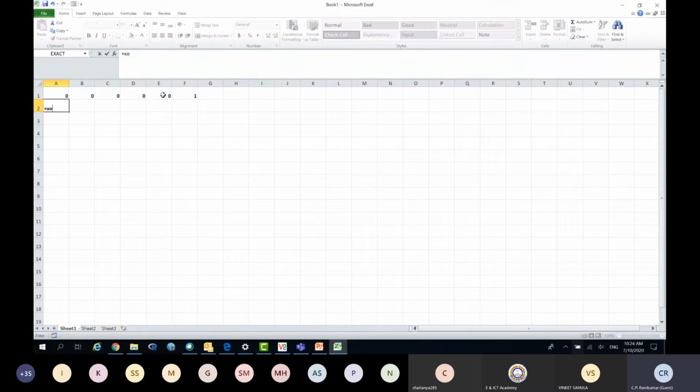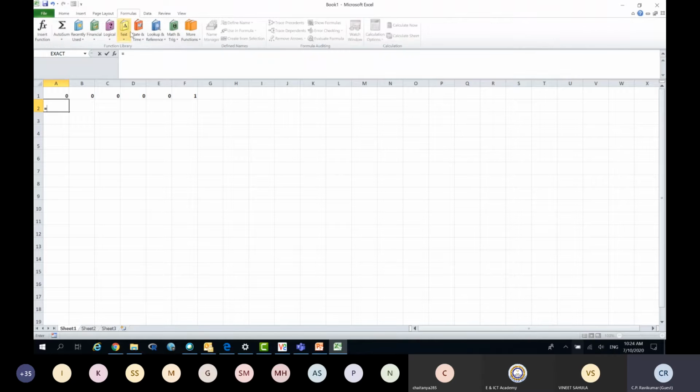I don't know whether XOR is available in Excel. They don't have XOR, so what we'll do is add.